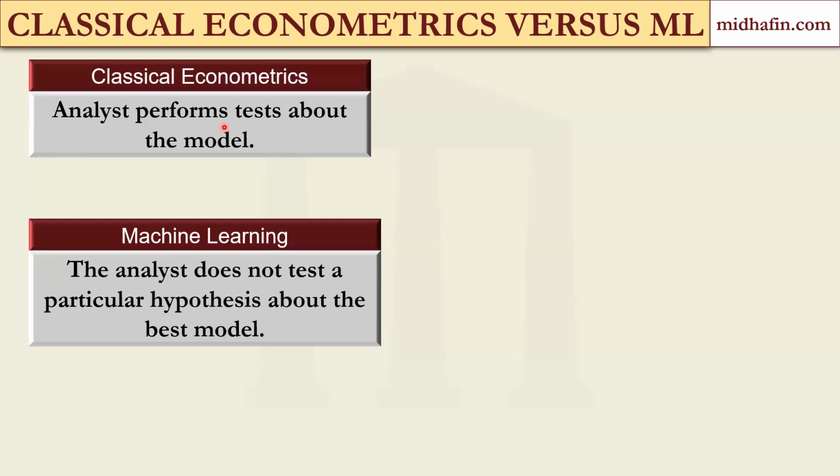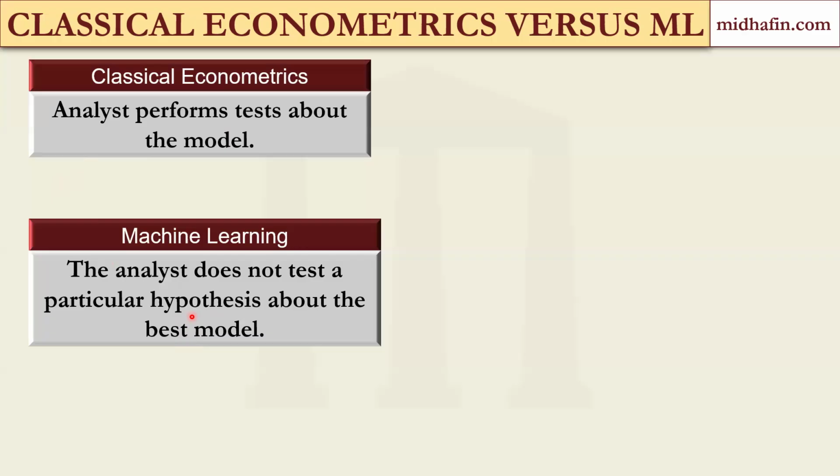But in machine learning, you do not test a particular hypothesis. The process is different. The analyst will not start with a hypothesis. The focus is on trying different models, different algorithms. We'll see different kinds of criteria also, cross validation and everything.